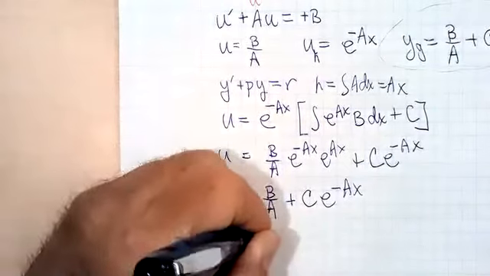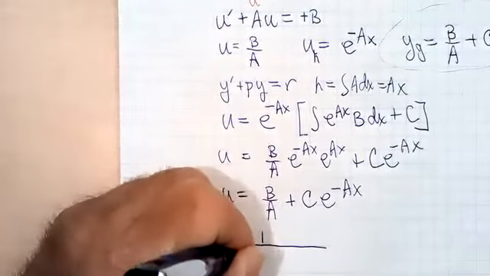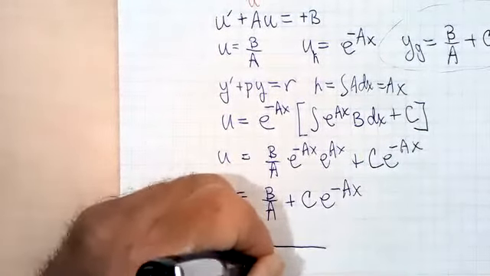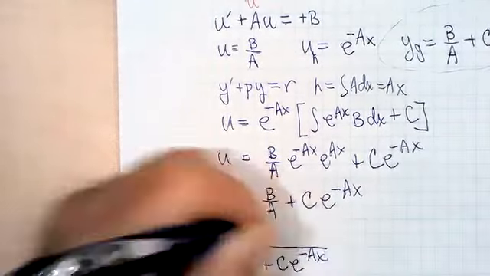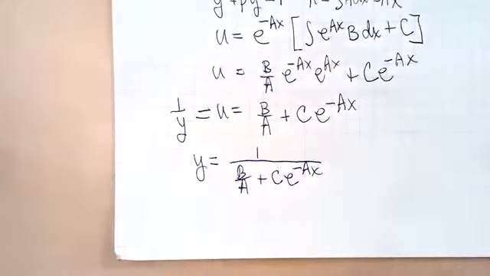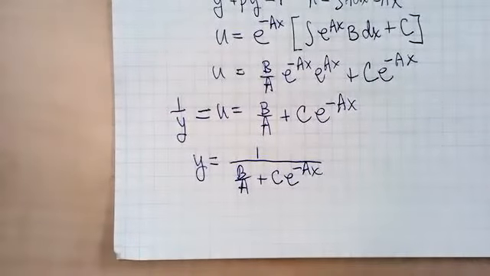Y equals 1 over b over a plus any constant times e to the minus ax. So that's an example of a Bernoulli equation.